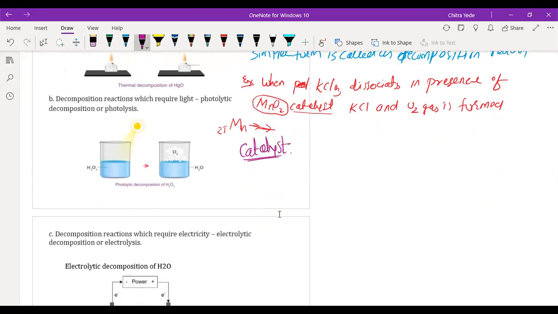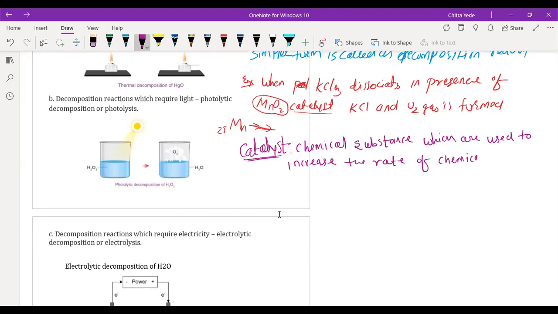Okay, catalysts. Catalysts are the chemical substances which are used to increase the rate of a chemical reaction.